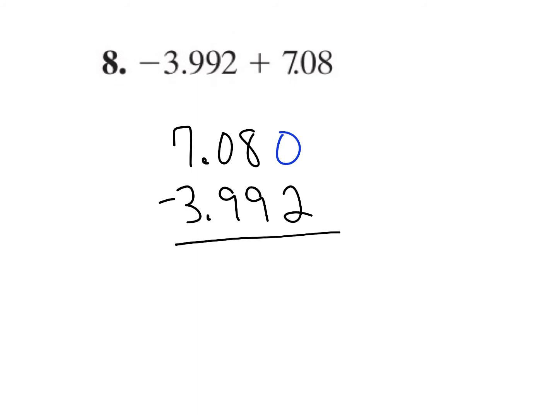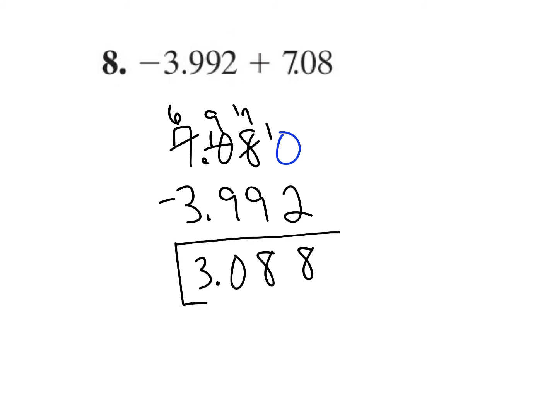Actually, not if you like, you really need to add a 0 on this one. And once we've gotten that, we did have more positives here, so our answer would stay positive.